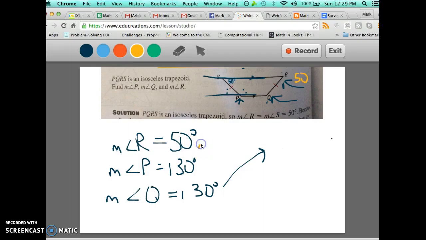Angle R is equal to angle S, and so if you add 50, 50, and 130 together, you get, excuse me, 230. And 360 minus 230 equals 130. So a number of different reasons the angle Q is 130, and there you go.